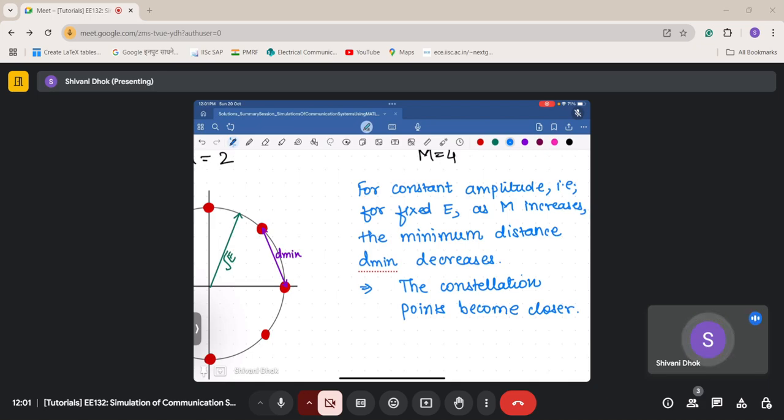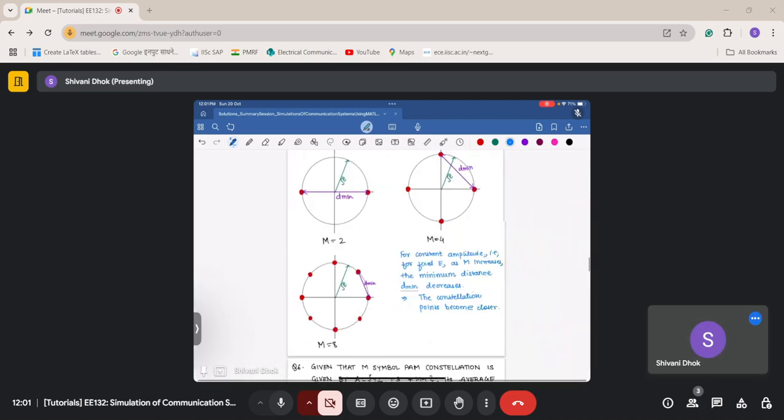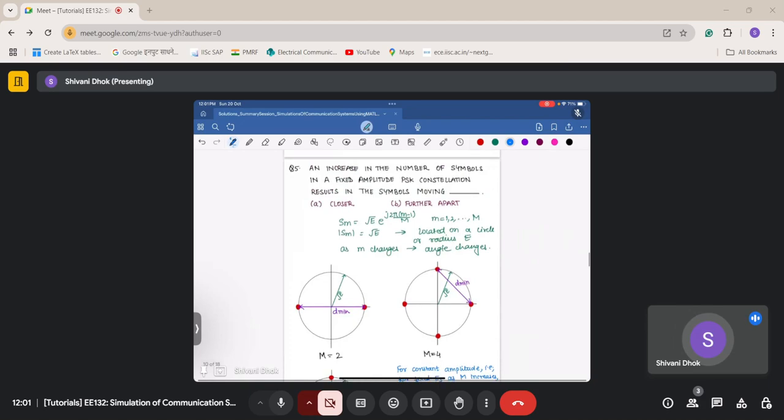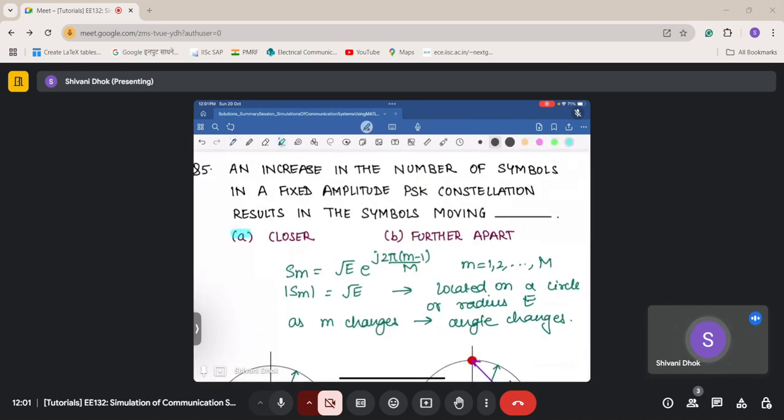Is it clear? Any questions? So therefore the answer to this question is the constellation points become closer when we increase the number of symbols.